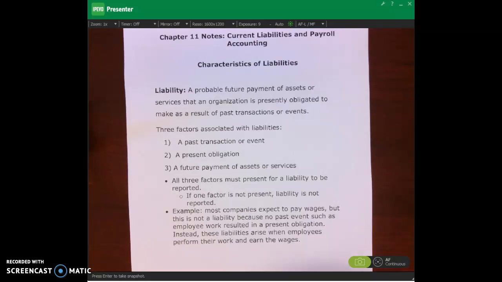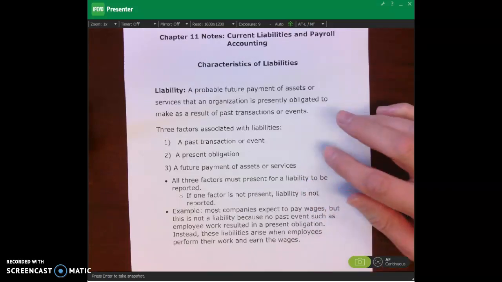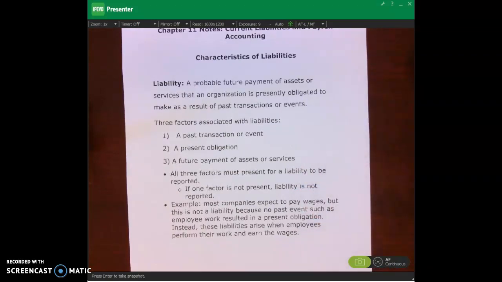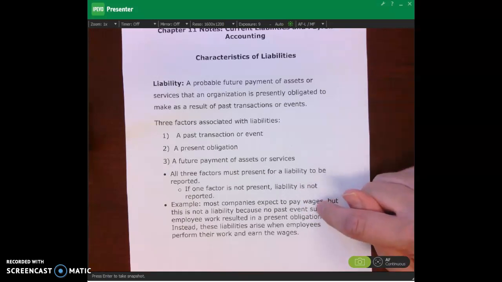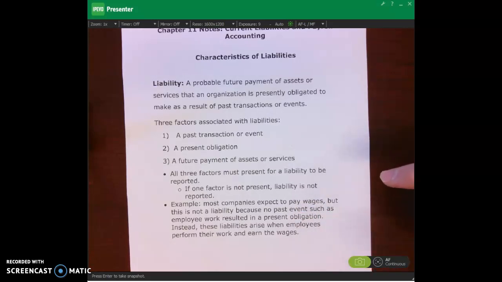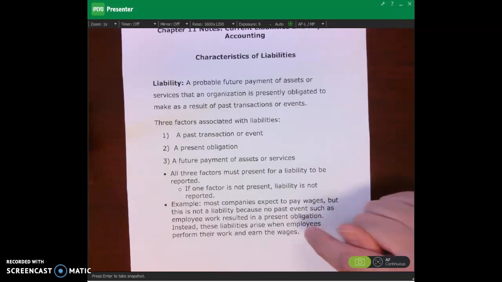Now I say right over here, if one factor is not present, the liability is not reported. So for example, we say most companies expect to pay wages to their employees, right? But this is not a liability because no past event such as the employee work has resulted in a present obligation. Rather, these liabilities arise when the employees perform their work and earn the wages.